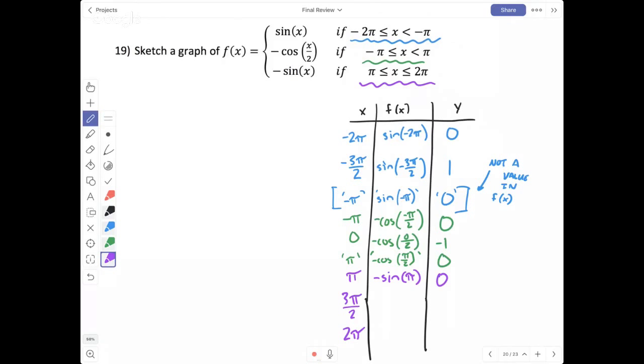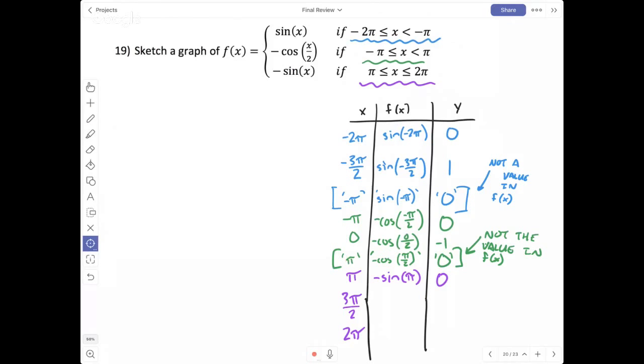So again, we have the same situation, right? Where this green one is not the value in f of x, because if I actually plug pi in, it would actually go here.